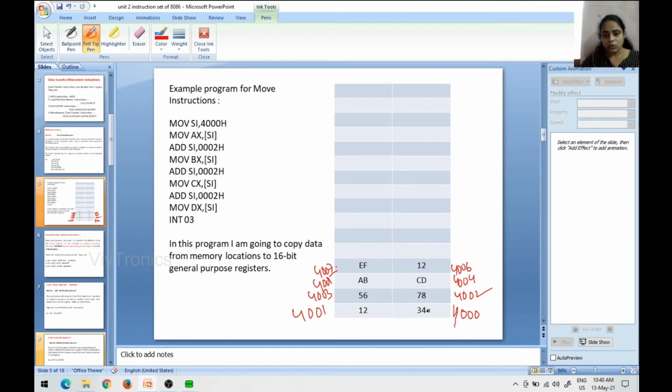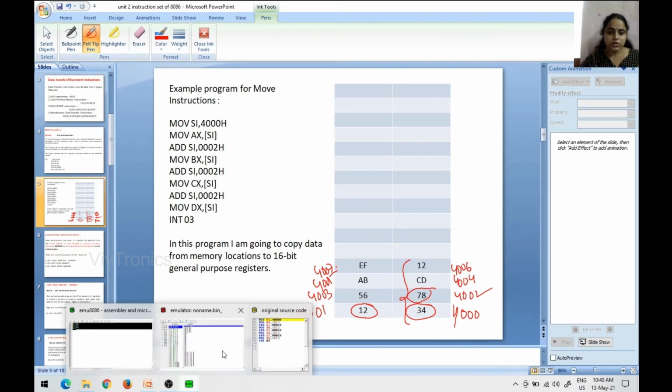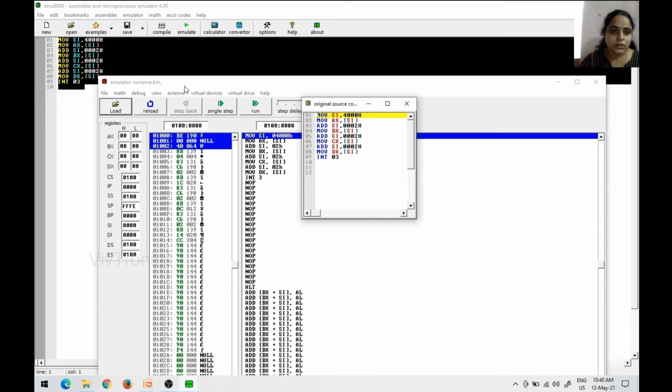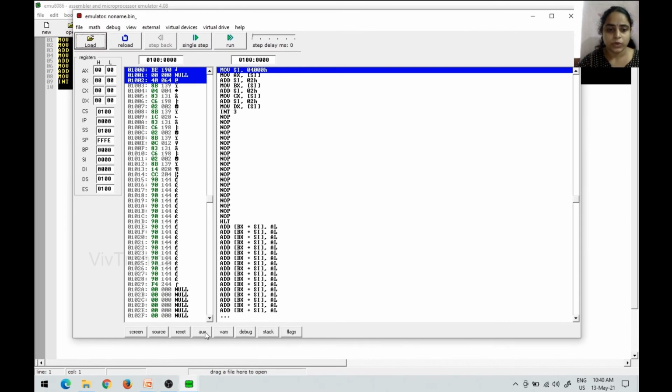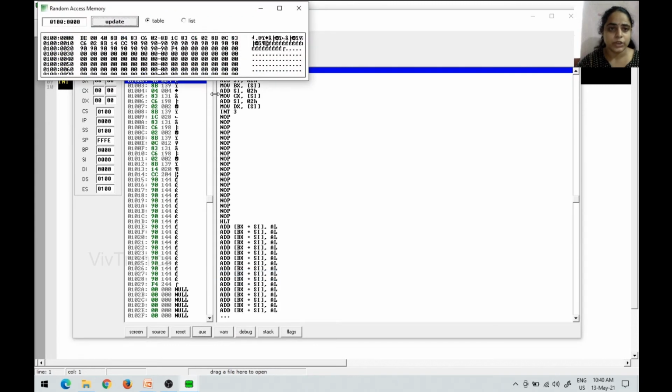So now we are going to give our data in the software like this. In 4000 we are going to give 34, in 4001 we are going to give 12, like that. I am going to give the data. You can see the process now. Going to aux here, and I am going to memory.